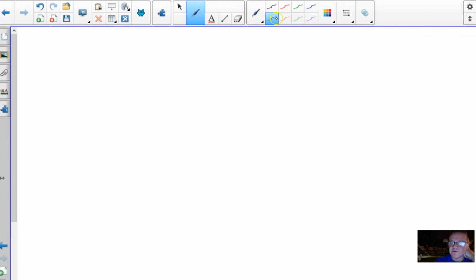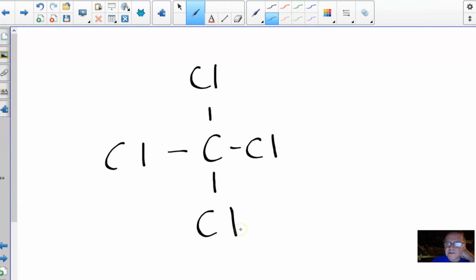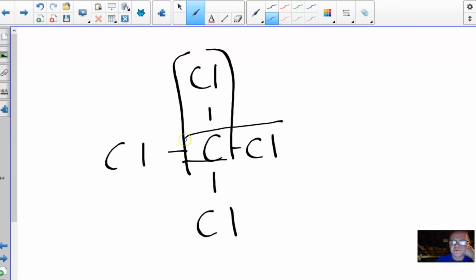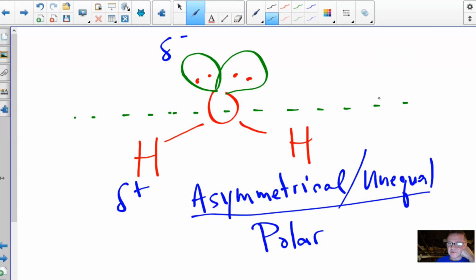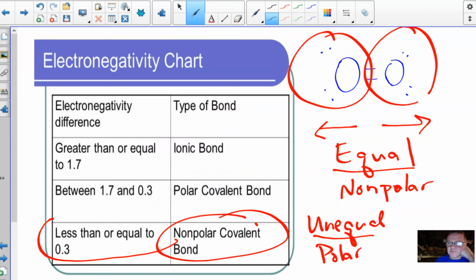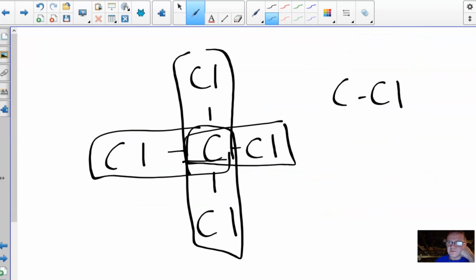All right. Now one last example here of kind of a wrinkle. Carbon tetrachloride. Now, if you notice, this carbon tetrachloride is actually made up of 4 carbon chloride bonds. And we already established that a carbon chloride bond is actually polar.